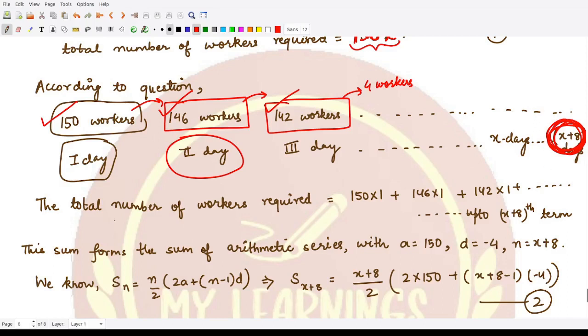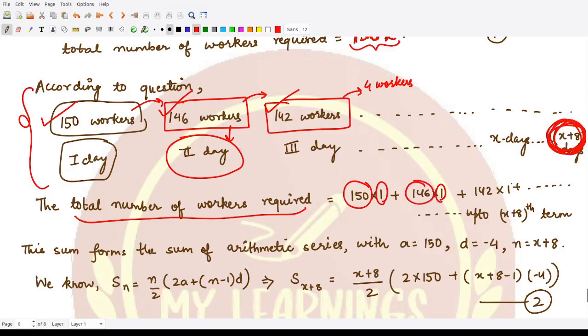So the total number of workers required in this case is, you see, on the first day we have 150 workers. On the second day we have 146 workers. Then on the third day we have 142 workers, and so on. So we have to look for the sum up to the x plus 8th term here.